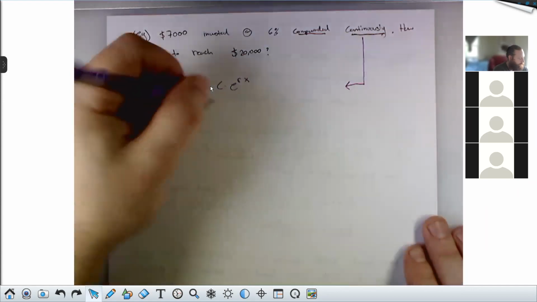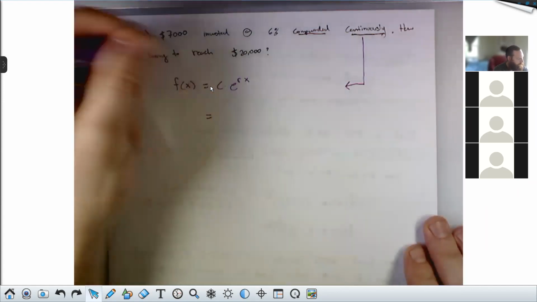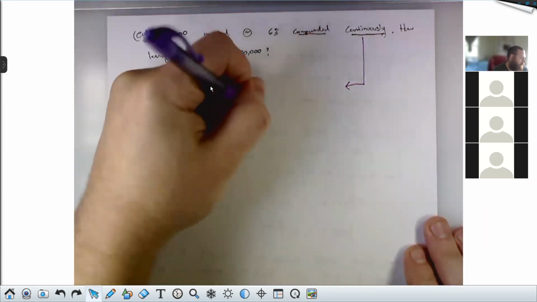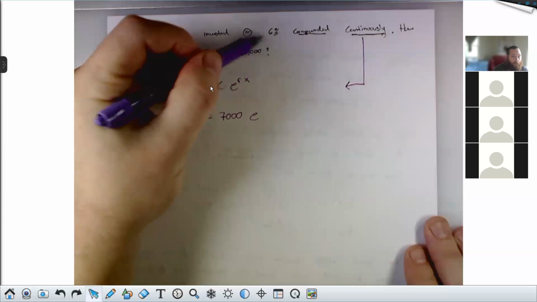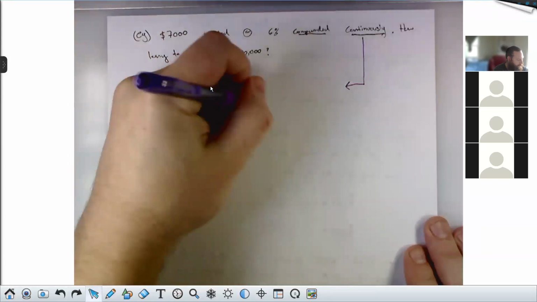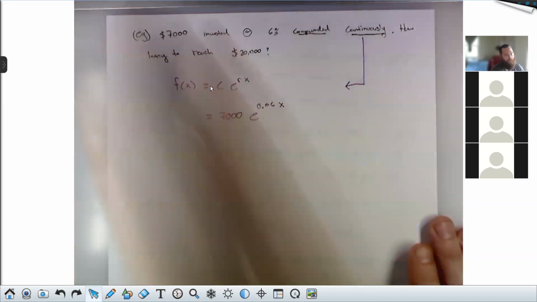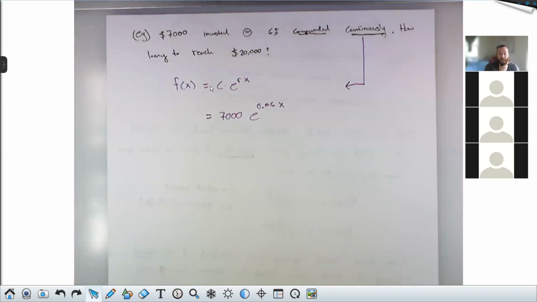We were told that we're investing $7,000. That's our initial amount. And that our continuous growth rate is 6%, so as a decimal, that's 0.06. So this is the function that models the balance in that account, assuming nobody adds or withdraws money, just relying on the interest.